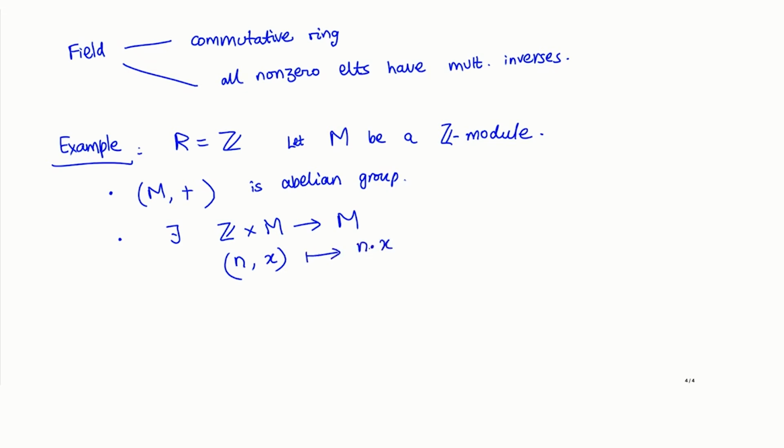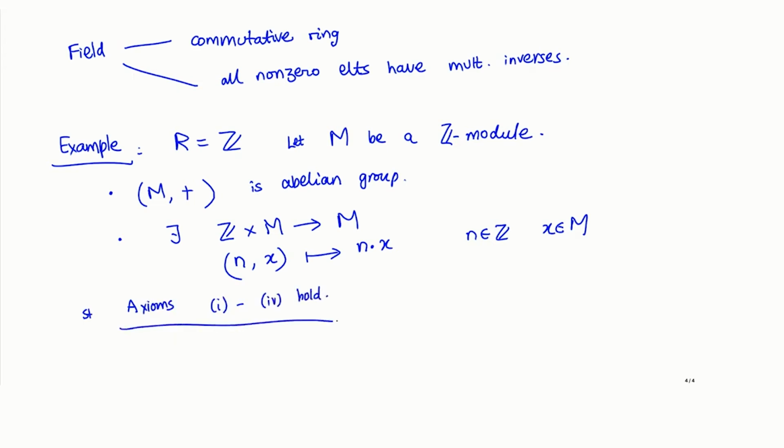This is the scalar multiplication of x by the integer n, satisfying axioms 1 through 4.